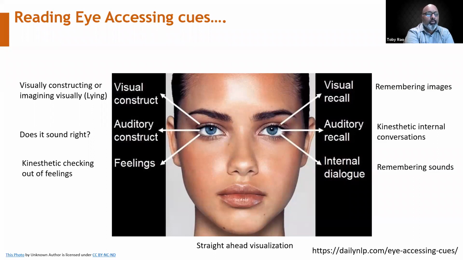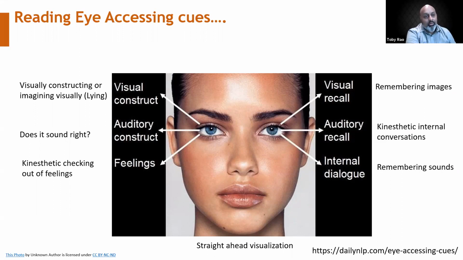If you see people whose eyeballs have gone all the way left when they're answering a question, they're visually reconstructing something. Either they're really reconstructing or they're lying. If their eyes are towards the center, right in the middle, they are reevaluating through sound.